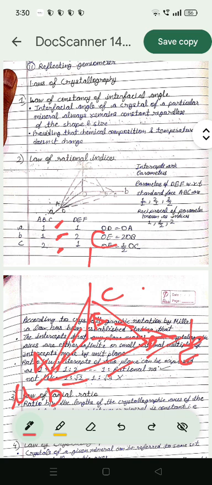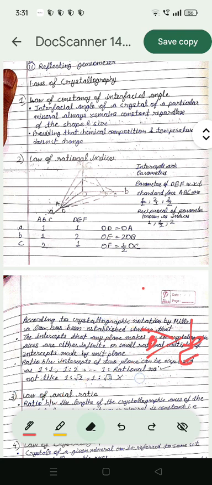OD will be equal to OA, OB will be twice OA, and OF will be half of OC. So the parameters of D, E, F with respect to the standard face ABC are 1, 2 and half. And we take the reciprocal of these parameters, which are known as indices. So now it becomes 1, half and 2.